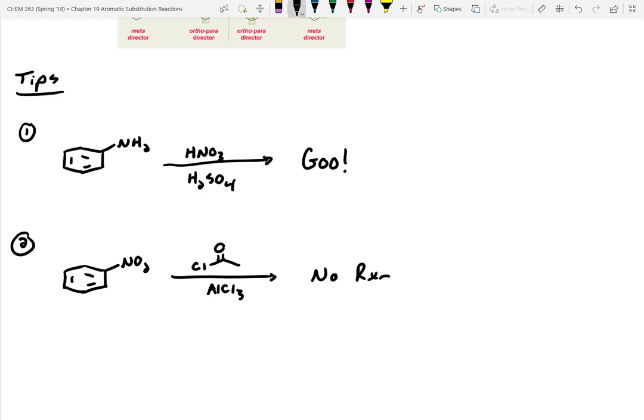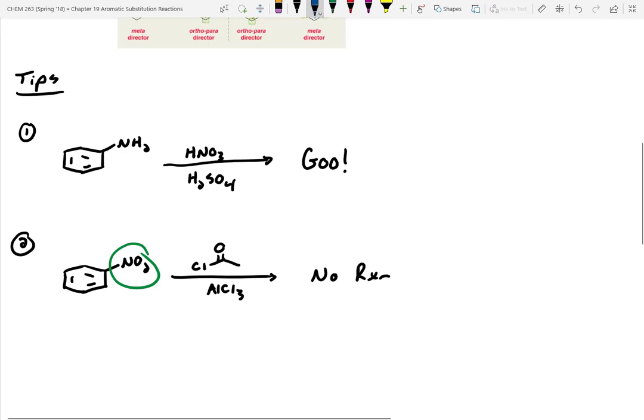Why not? Anybody remember? We've got a really strong electron withdrawing group. We said with Friedel-Crafts alkylations or acylations, you can't have a strong electron withdrawing group.